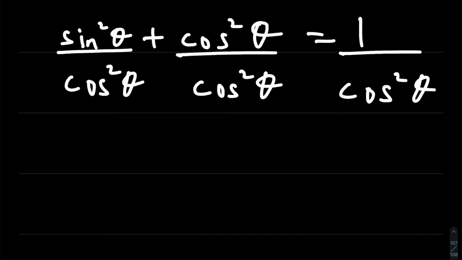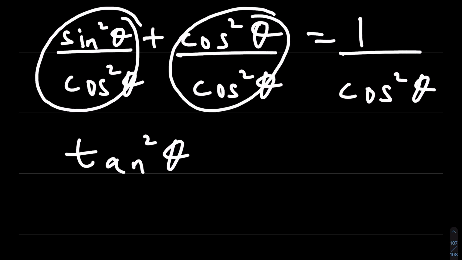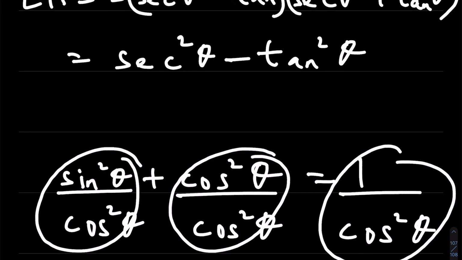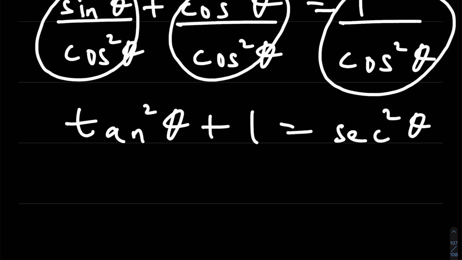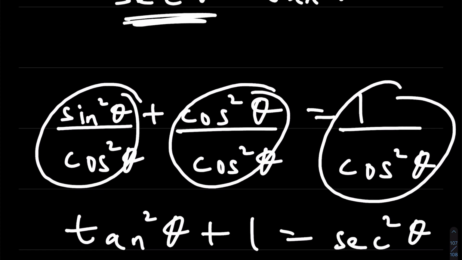This simply means sine squared theta over cos squared theta is the same as tan squared theta. And cos squared theta over cos squared theta is 1, and 1 over cos squared theta is the same as sec squared theta. So instead of writing sec squared theta here, I'm going to write tan squared theta plus 1, or if you like, 1 plus tan squared theta.